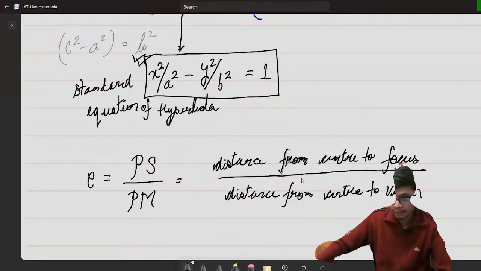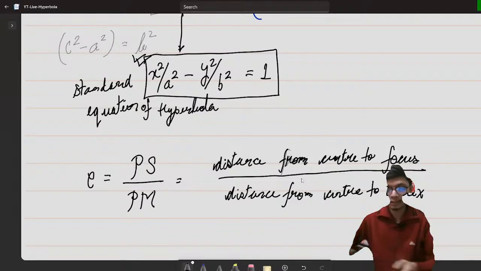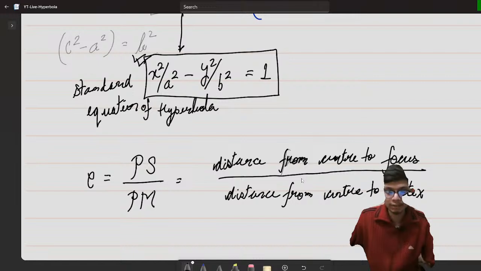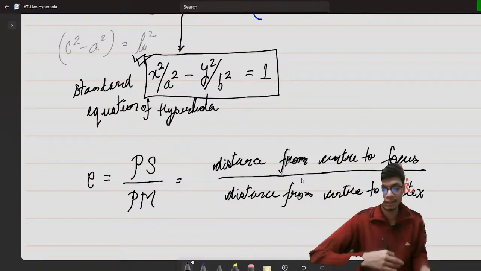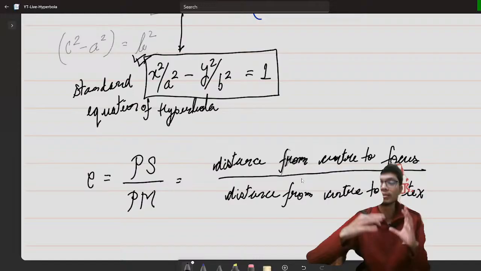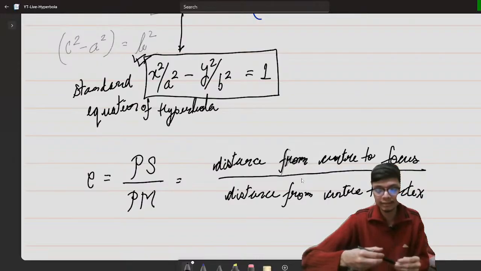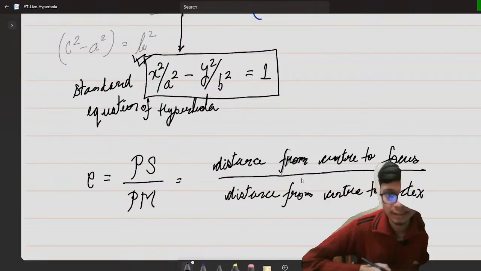If you are wondering why we are defining it in this manner, we'll come to the answer to it. In the case of an ellipse also we defined eccentricity as the degree of flatness of that ellipse, and similar to that notation, we are defining the eccentricity of a hyperbola in a similar way, right? Is this part clear to all of you?